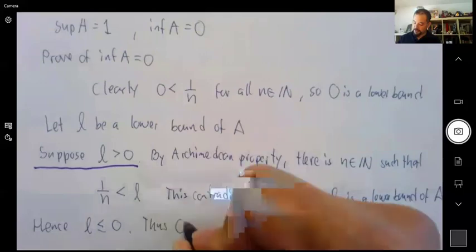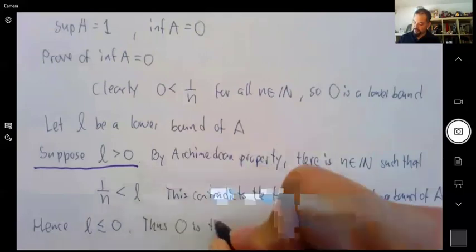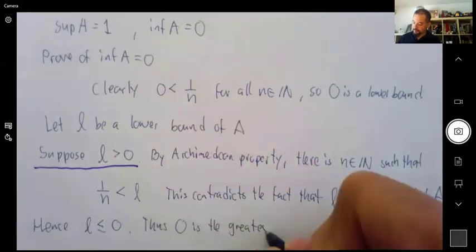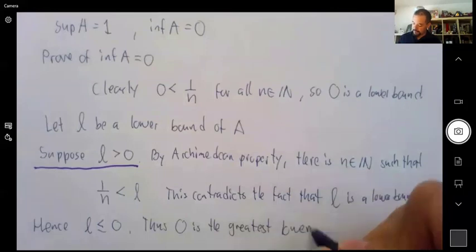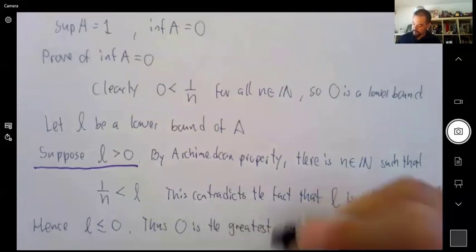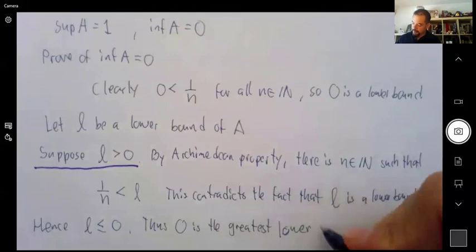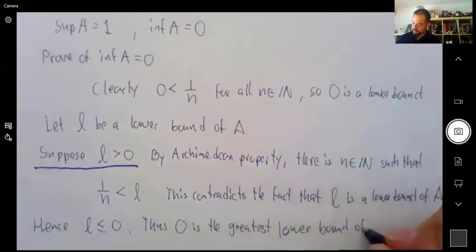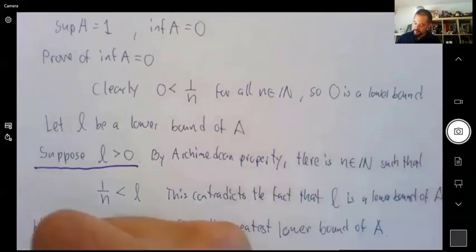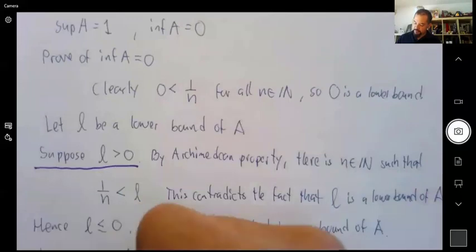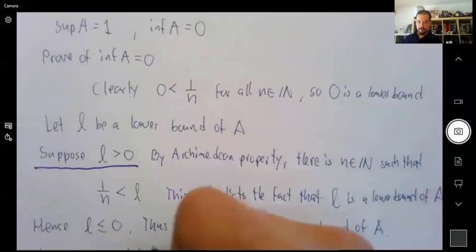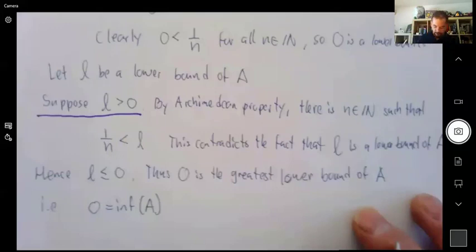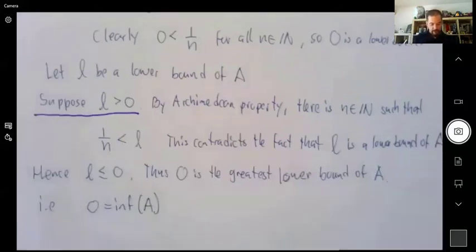Thus, 0 is the greatest lower bound of A. In other words, 0 is the infimum of A. Okay, and now we have the complete argument there that we didn't have before. All right. Good.